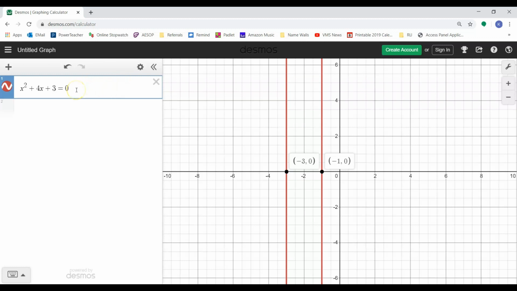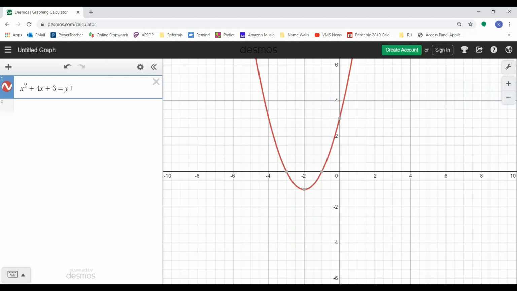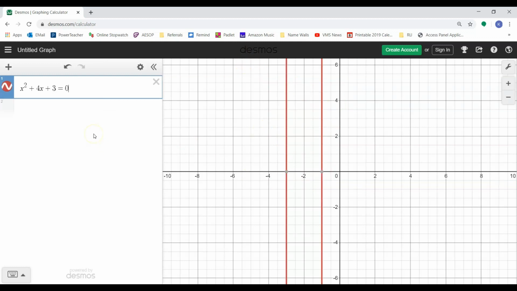And actually, I am going to make the case for, instead of typing in 0, because we always have these equations equal to 0, 0 is an output value. I'm actually going to change the 0 to y, and I'll explain this a little more as we go through some of these examples, but if we type in the equation with a y instead of equal to 0, notice we get this really nice parabola instead of just these 2 solid lines.